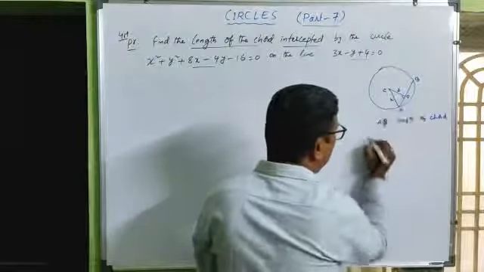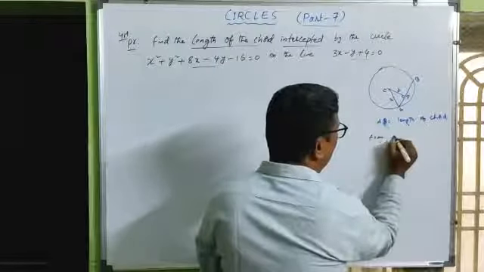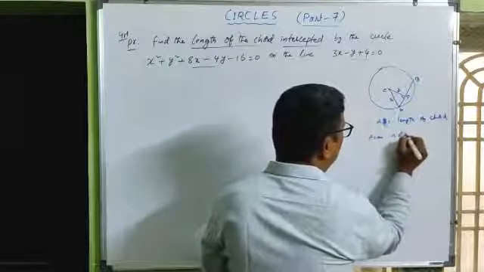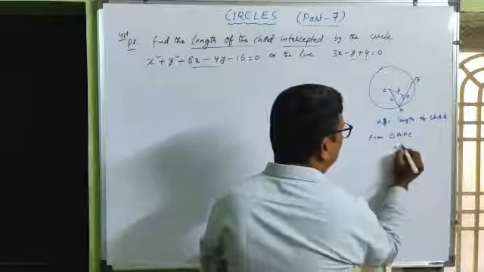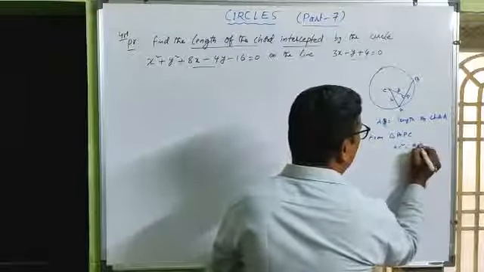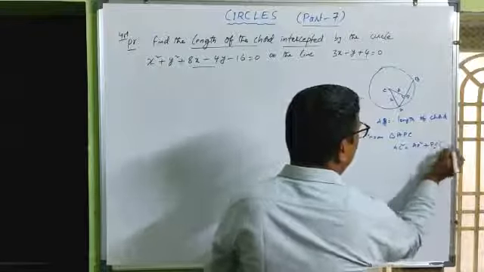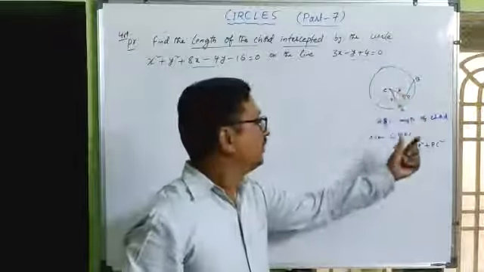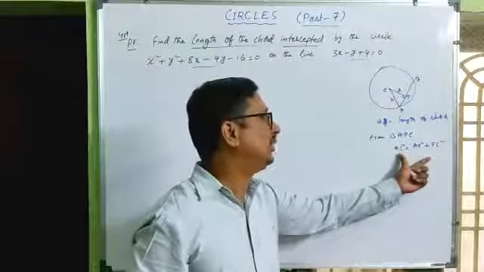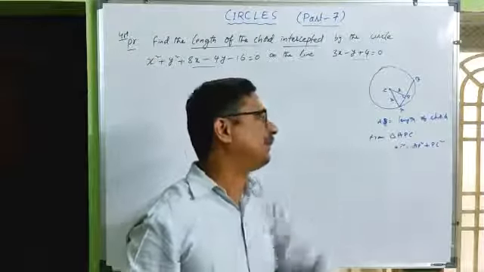So from the right angle triangle, by Pythagoras theorem, AC square is equal to AP square plus PC square.